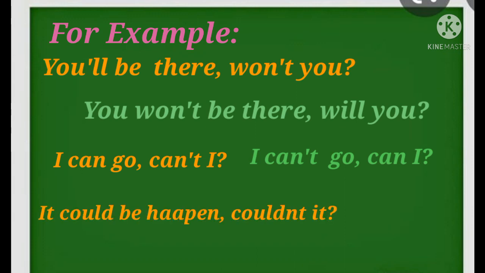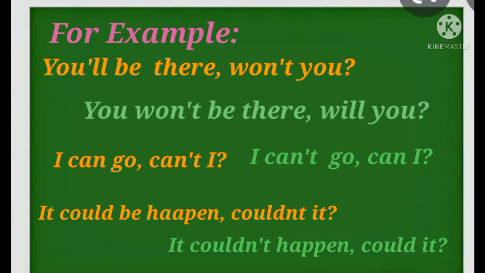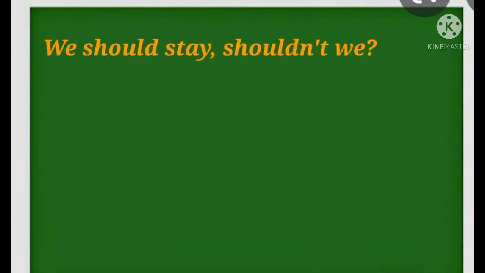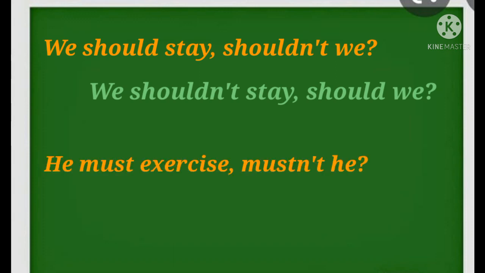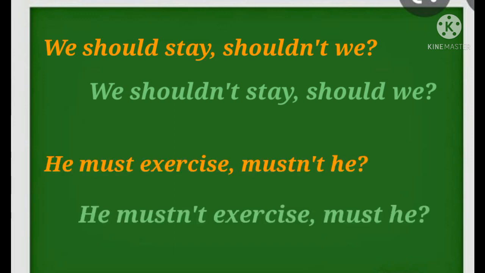It could happen, couldn't it? It couldn't happen, could it? We should say, shouldn't we? We shouldn't say, should we? He must exercise, mustn't he? He mustn't exercise, must he?